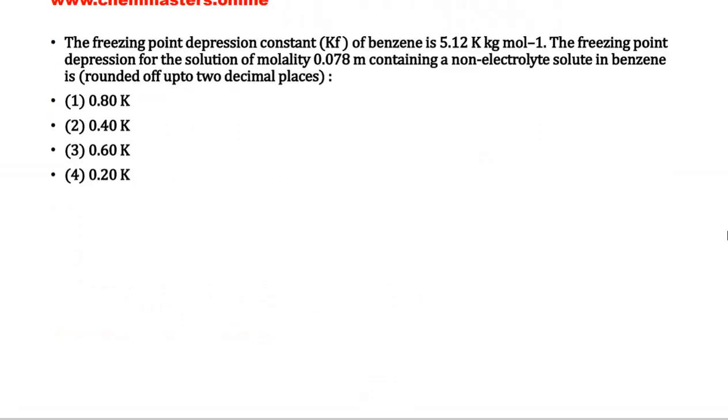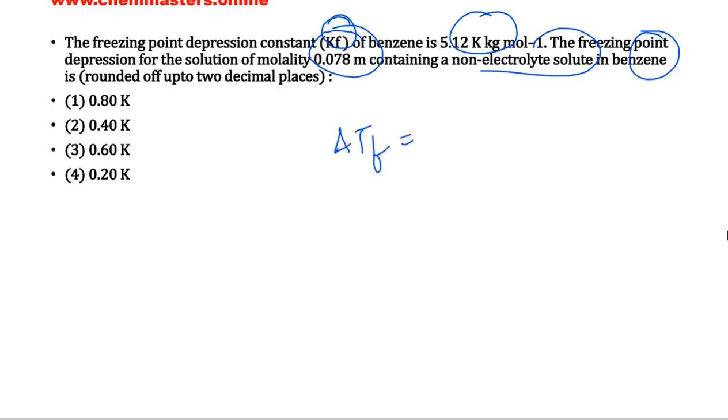The freezing point depression constant of benzene is given. The freezing point depression for the solution of the given molality, containing a non-electrolyte solute in benzene, we need to find. So simply we have the formula: delta Tf, that is freezing point depression, equals the freezing point constant into molality.